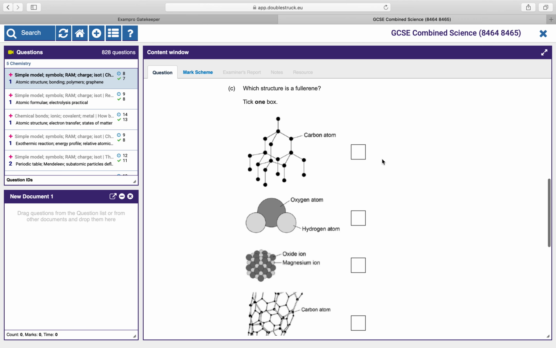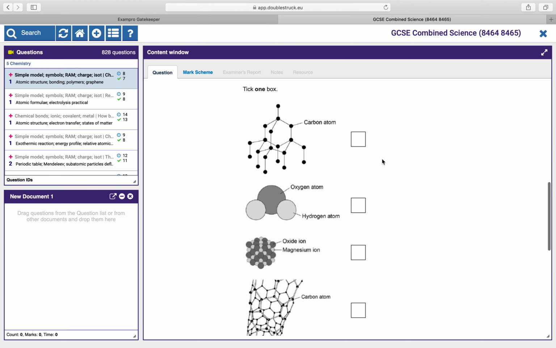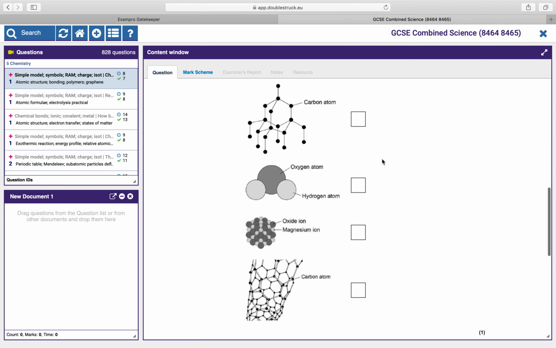Which structure is a fullerene? The fullerene is the bottom one with the carbon. You've got these carbon atoms, and they're all joined together. Just think graphene but in a round structure.